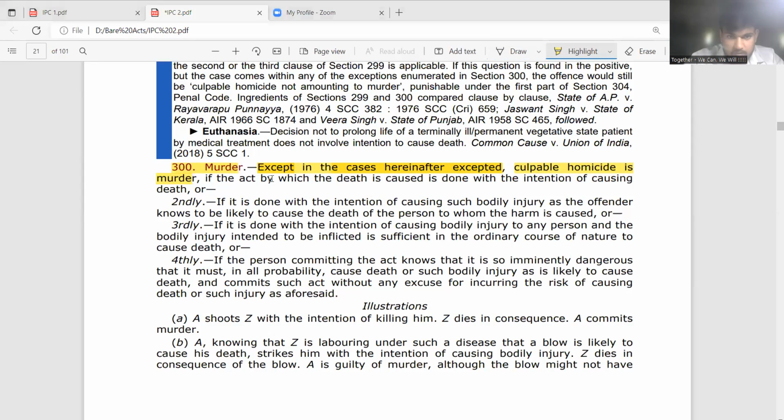If the act by which the death is caused, what have they mentioned? If the act by which the death is caused is done with the intention of causing death. So I just now told you that we have to focus upon the act here. In section 299, we focused upon an act.